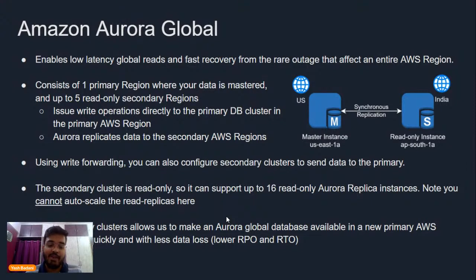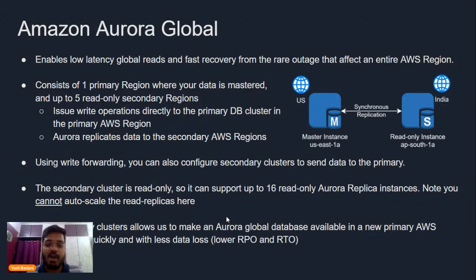So when we say you have a master instance and a read-only instance in Aurora, in a clustered environment of Aurora, you can have up to 15 read replicas, right? But in this case, you have a master instance and you have a read replica in a different region, right?